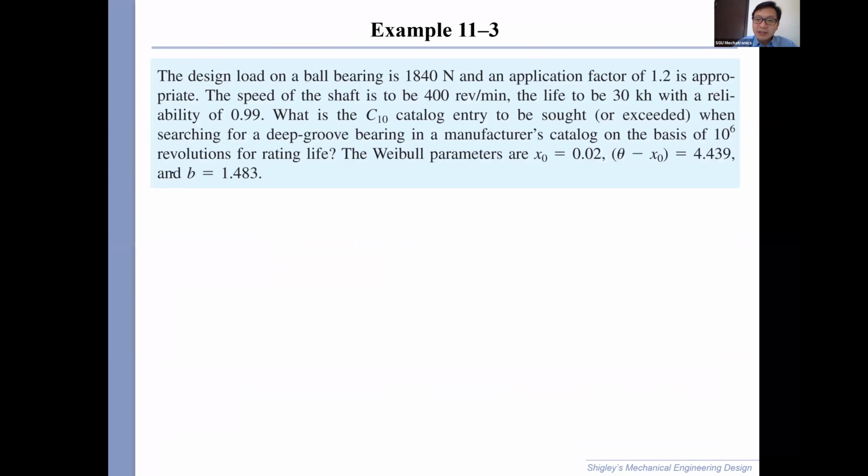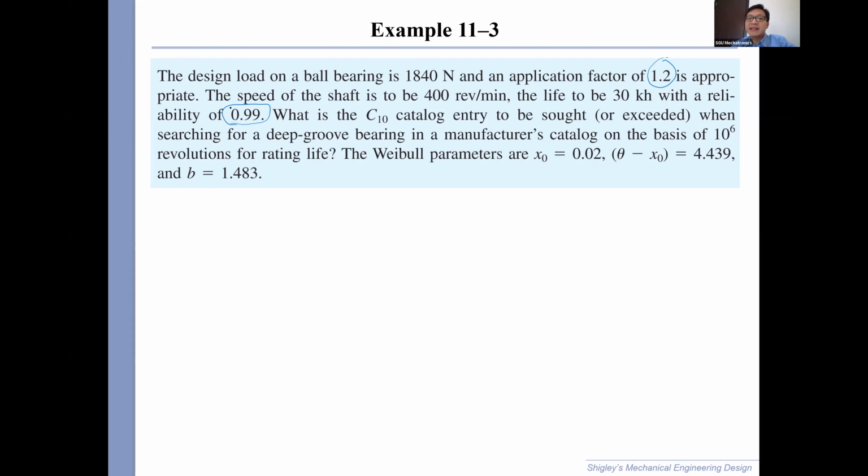So in this question, it's given, 1.2. The speed of the shaft is given, in RPM. Life desired, 30,000 hours. Reliability is 90%. Here is the desired reliability that is higher than 90.